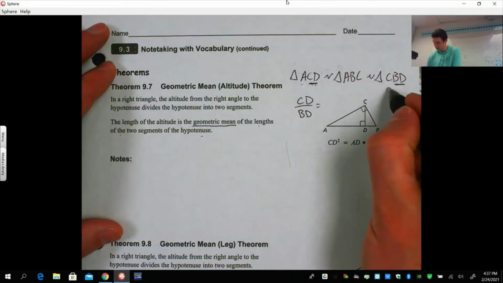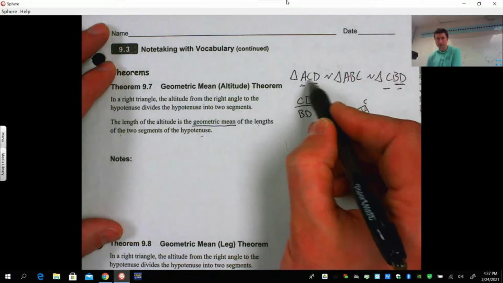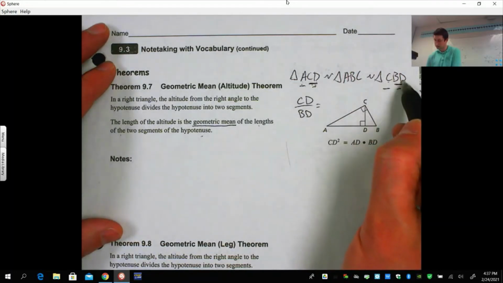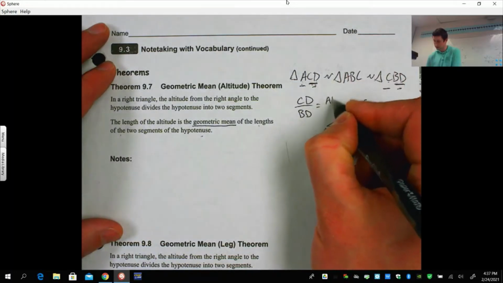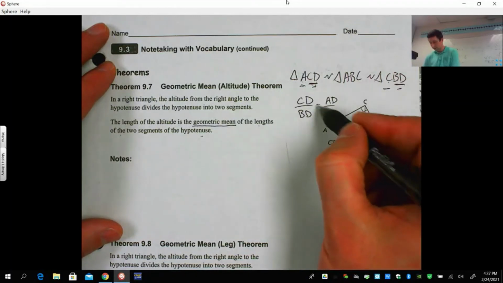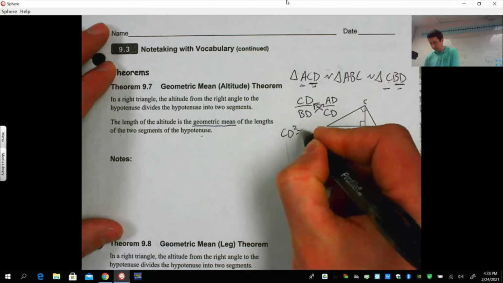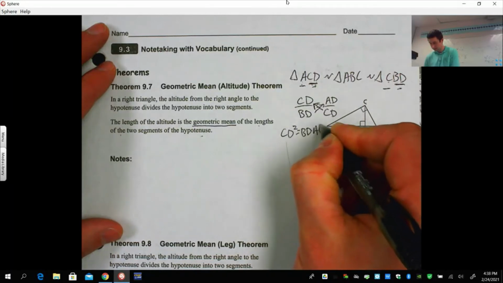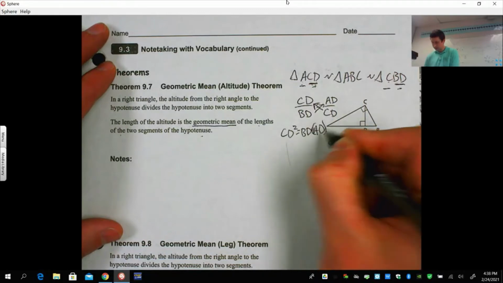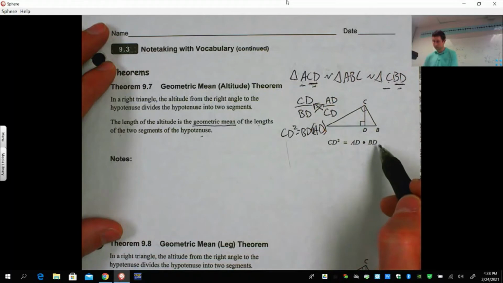You see that CD show up again? So when you cross multiply, you get CD squared equals BD times AD. That's what they have here: CD squared equals AD times BD.